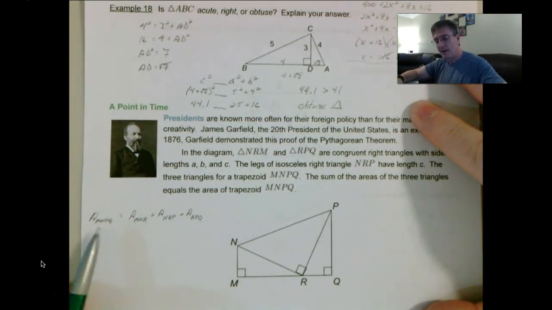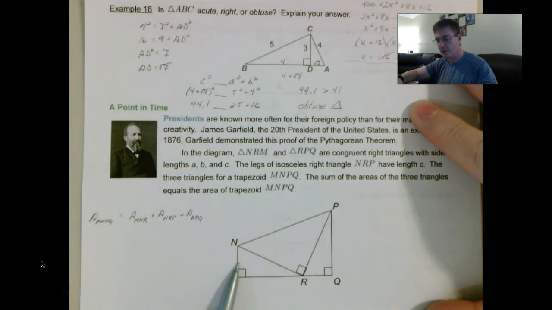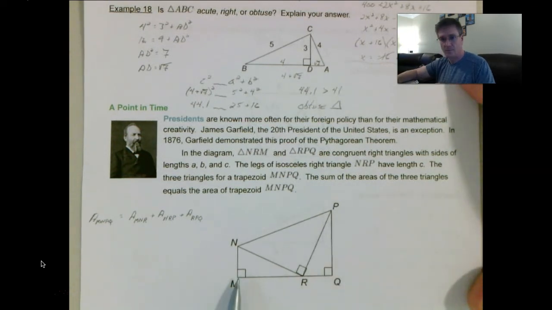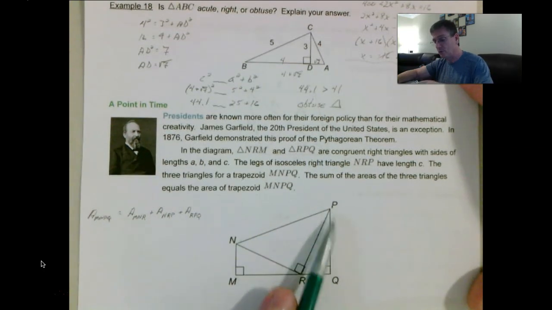Okay. Area of a trapezoid, 1/2 base 1 plus base 2 times the height of the trapezoid, which in this case is MQ. So base 1 is MN, base 2 is QP, and the height of this trapezoid is MQ.